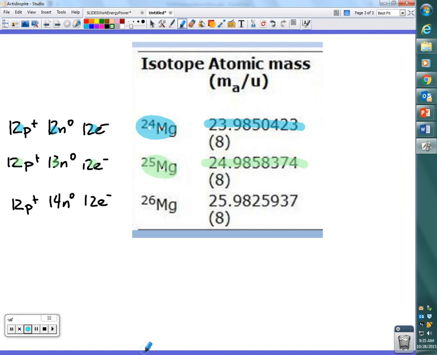I don't expect it to make sense at this point in time. Okay? All right, and then the same thing with magnesium 26. So, these numbers, what do they tell you about protons, neutrons, and electrons? Nate? They are not always the same weights, right?